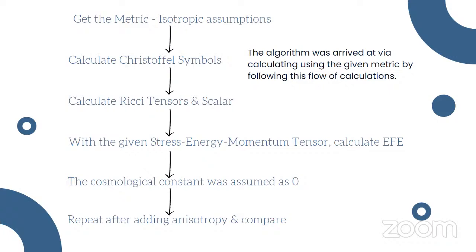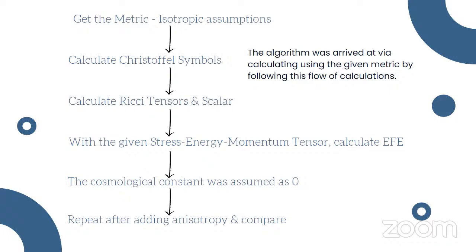Since the star is spherically symmetric and static, the cosmological constant was assumed as 0. As Debadyuti mentioned, the cosmological constant, lambda, was a correction for an evolving universe, for the expansion of the universe.